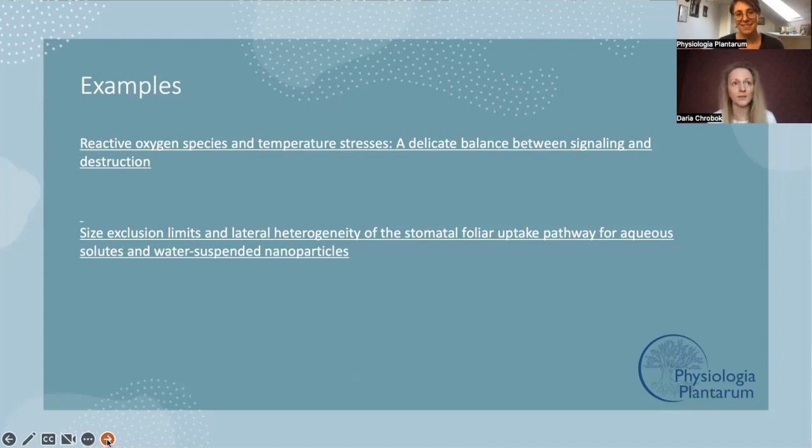But we picked those titles because they are among the most cited articles that we have in our journal. So that shows you it's not like this is bad and this is good. It's not about this duality of judging something, because it has been good, because people have been citing it. They were interested in it, no matter how you put the title.